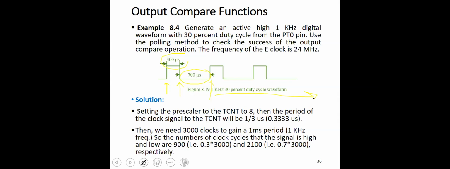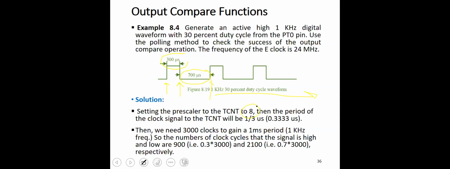So basically, in order to do this example, we need to enable the free running timer. We need to specify the prescaler. We need to configure output compare channel number 0. And we need to write the program to do what I just said. So basically what the book did, it set the prescaler to 8.